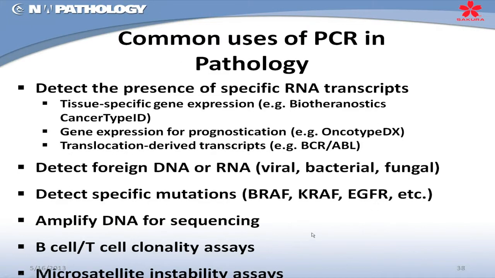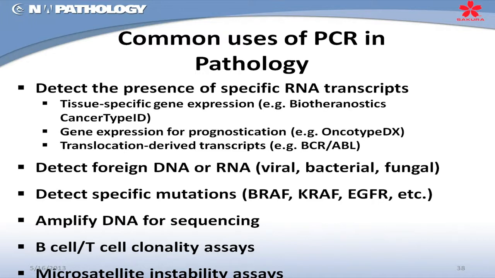So how can we use these various PCR techniques in pathology? Well, in the case of RT-PCR, or reverse transcription PCR, where we can look for RNA, we can use that to detect gene expression in cells, similar to immunohistochemistry, which looks for the protein products of those gene expressions. With RT-PCR, we can actually look for the mRNA products of gene expression.